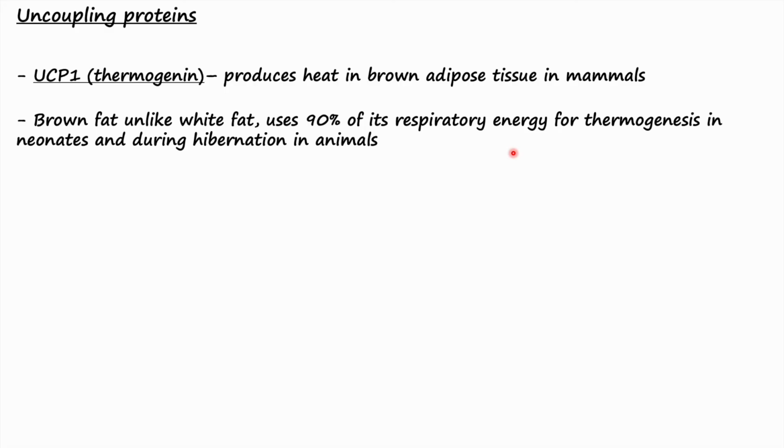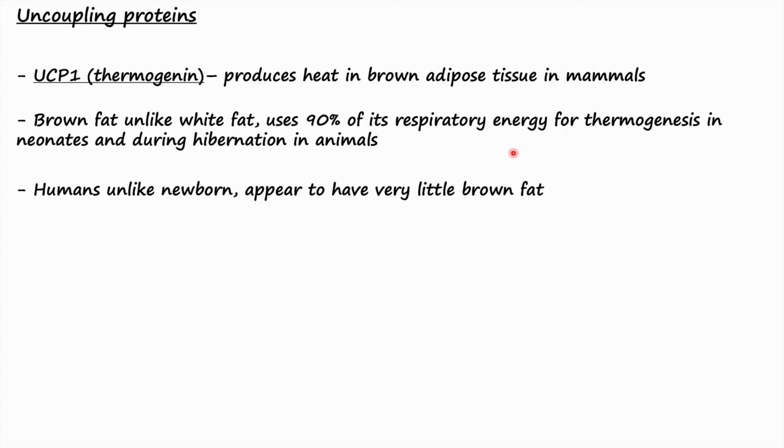This is also the reason that, for example, polar bears live in extreme cold weather, and during hibernation they need to maintain their body temperature, and these animals have a high volume of brown fat, and that actually helps to maintain body temperature during this extreme cold weather. And the important fact is that adult humans, unlike newborns, do not have much brown fat. They have more white fat compared to brown fat.